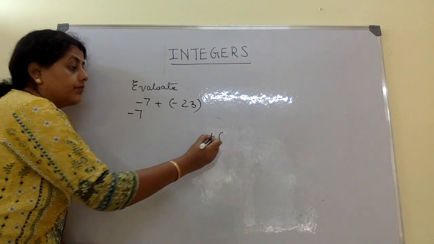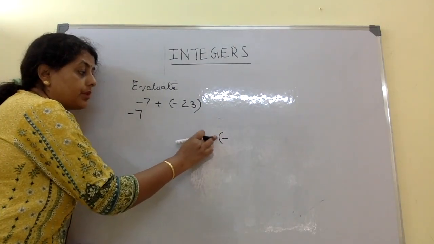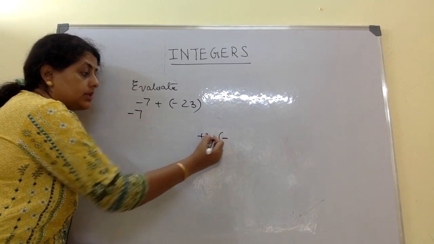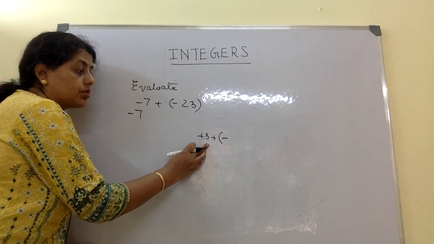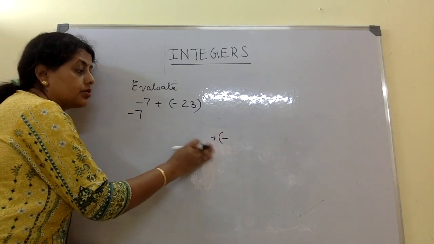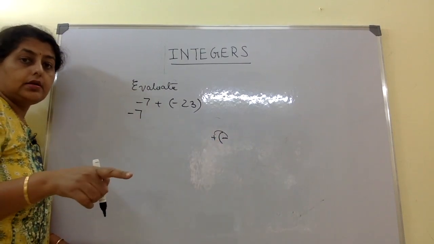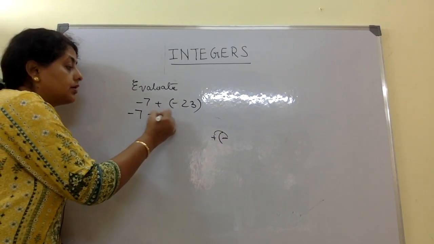This is again a big confusion. If it is plus 3 plus, the signs have a number in between, but here the signs didn't, so we are multiplying the signs only. Plus into minus is a minus. So here minus 23.